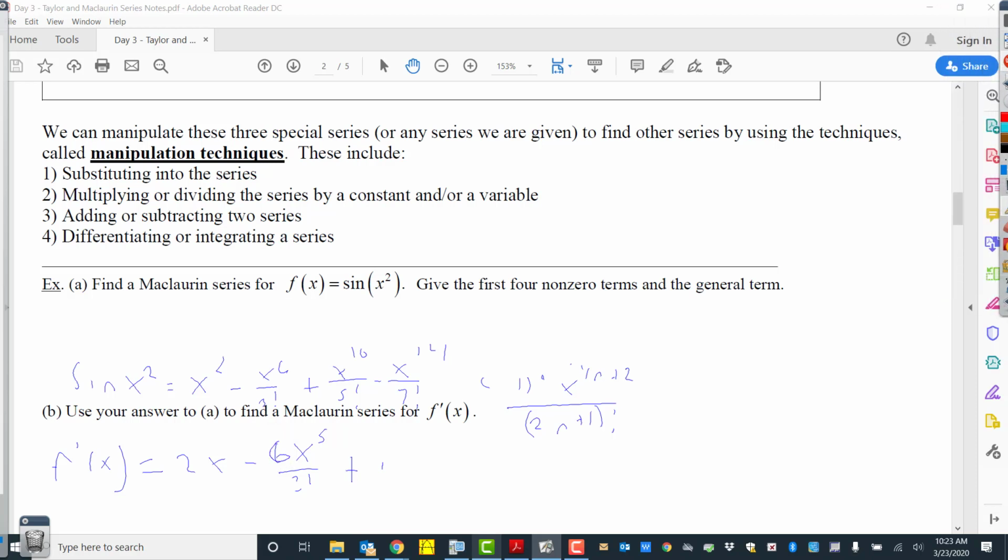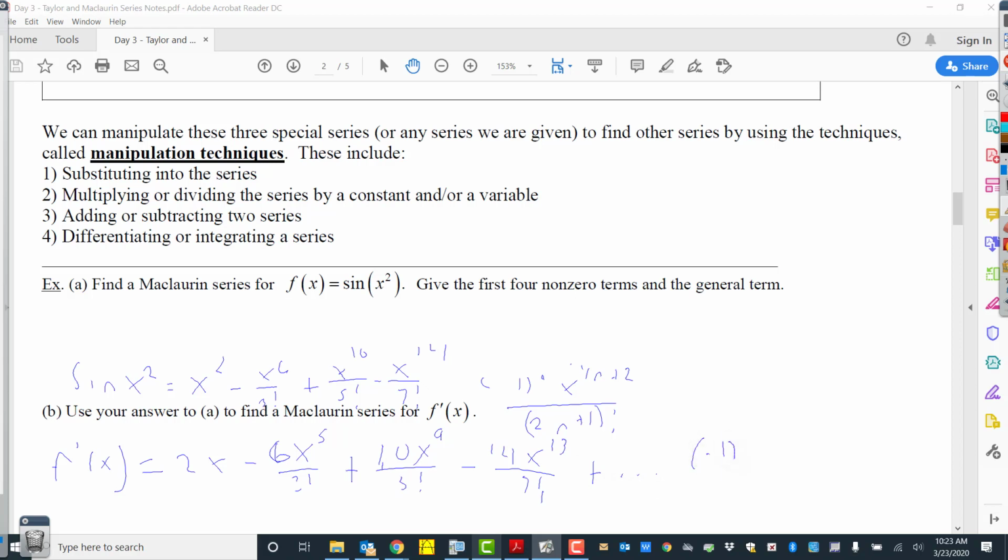There we go. Bring down the 10, and we get 10x to the 9th over 5 factorial, minus, bring down the 14, x to the 13th over 7 factorial, plus dot dot dot.